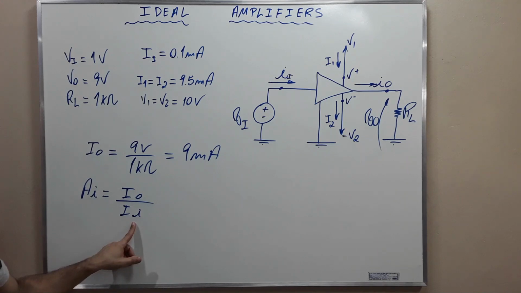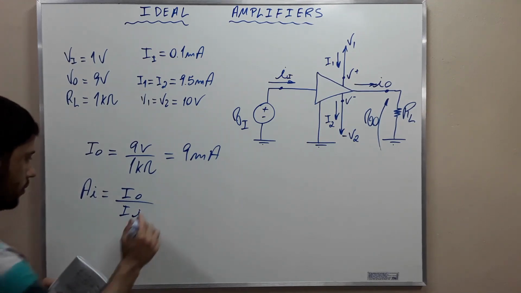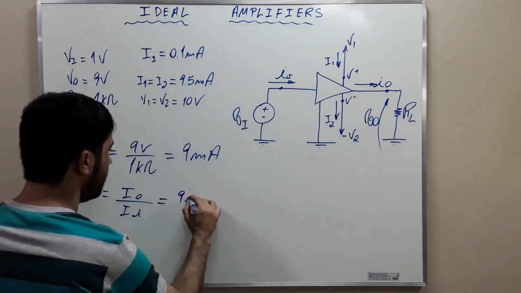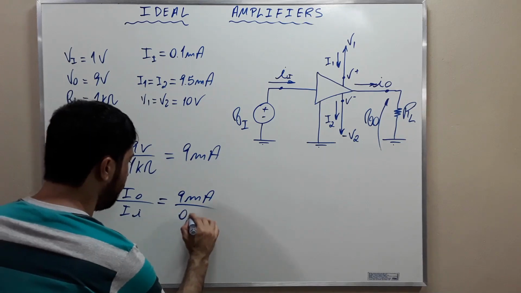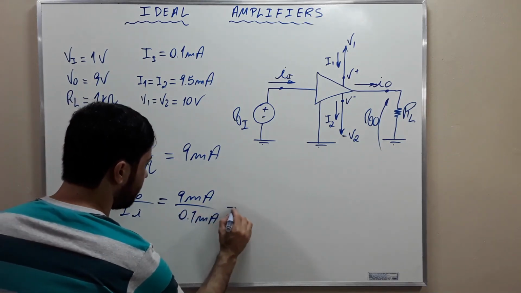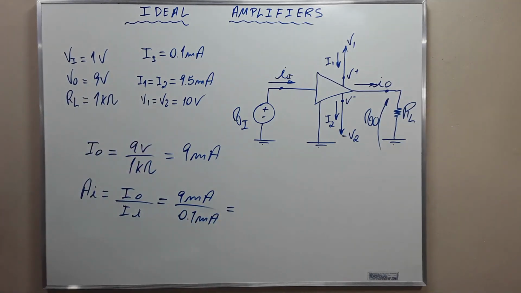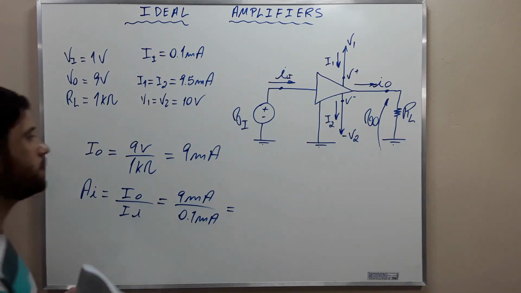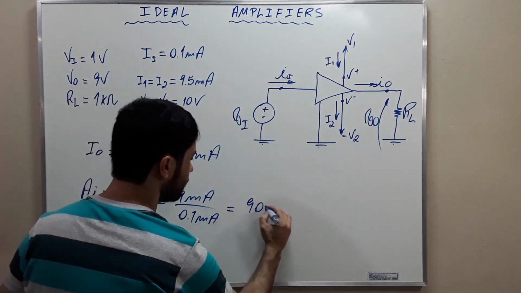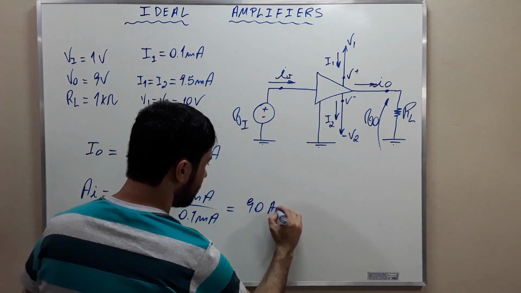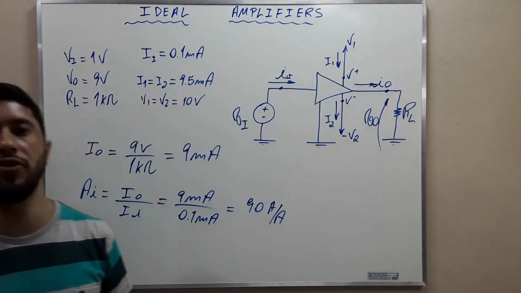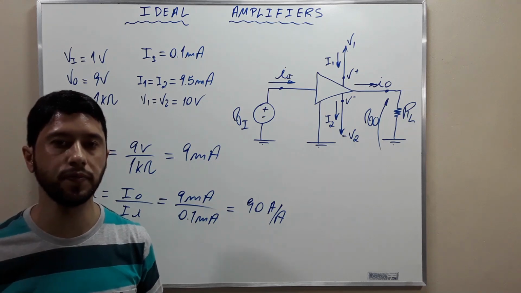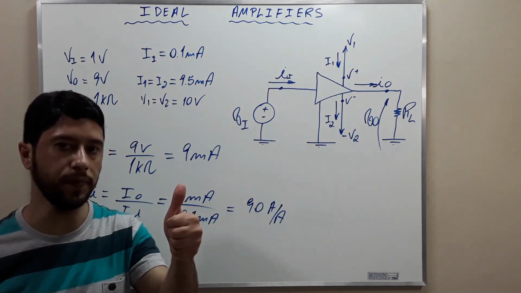We are going to use peak values here. 9 milliamperes divided by 0.1 milliamperes. And then we find 90 amperes per ampere. Are you guys understanding everything? Okay?